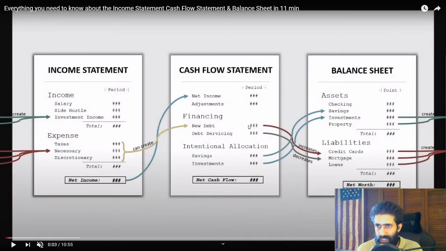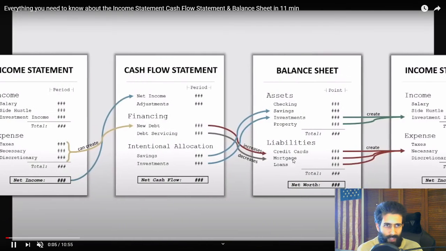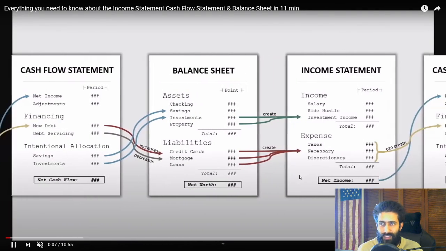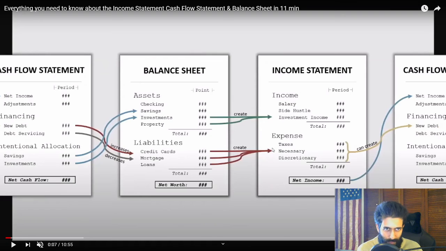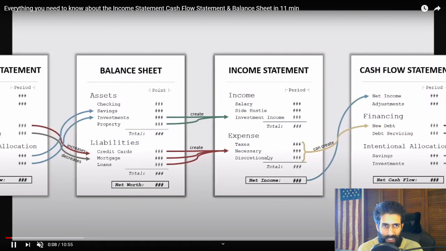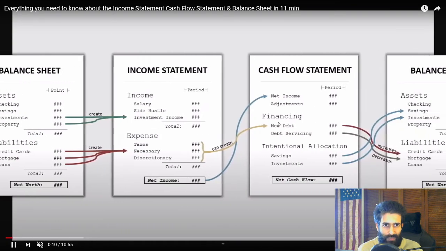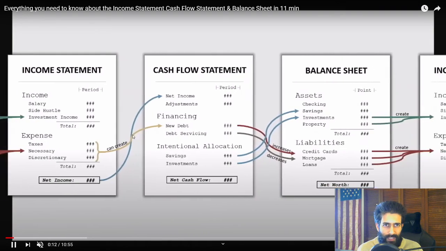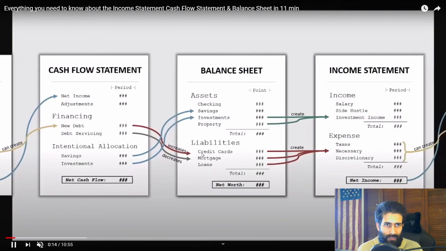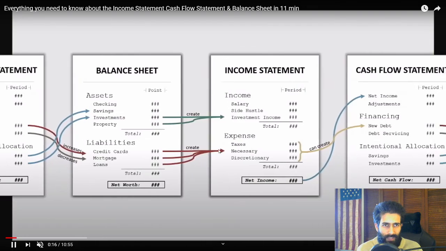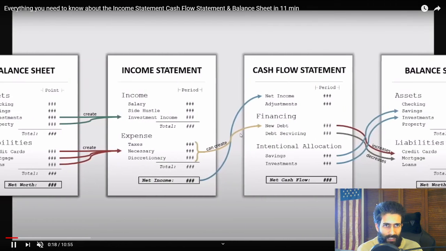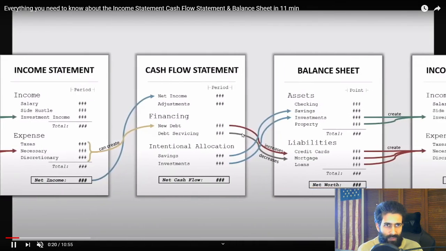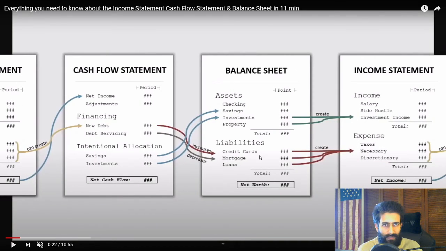And when you have new debt, what you have created is more liabilities for yourself. And when you create more liabilities, that in turn creates more expenses. And that is the cycle you want to avoid: expenses, financing, more liabilities, more expenses, more new debt, more new liabilities, etc.